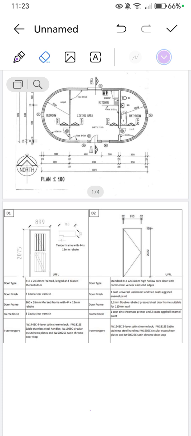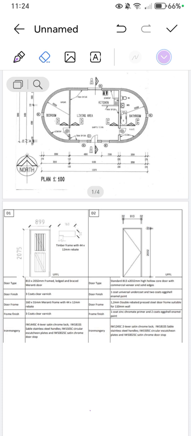Then you have to also be able to specify your frame. Your frame, what do they mean? Your frame is that steel that you see surrounding where your door is going to be placed. So you would normally see that the frame is just put here around the wall. Then in the center, that's where you're going to be having that door. So that's the frame they are talking about.